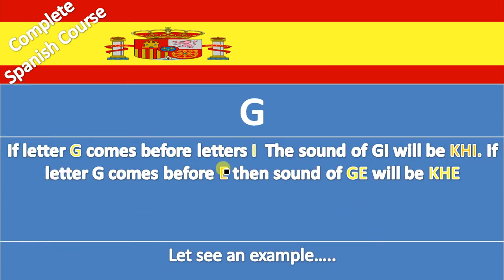Next rule is if letter G comes before letter I, the sound of GI will be hi. If letter G comes before letter E, then the sound of GE will be he.